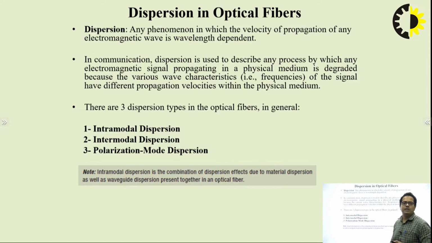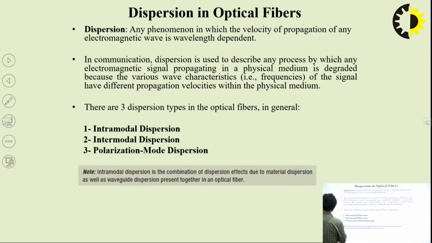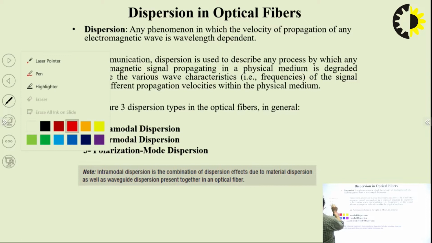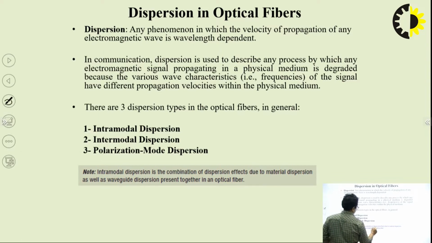Let us first try to define each one in detail. Intramodal dispersion is a combination of waveguide dispersion as well as material dispersion.